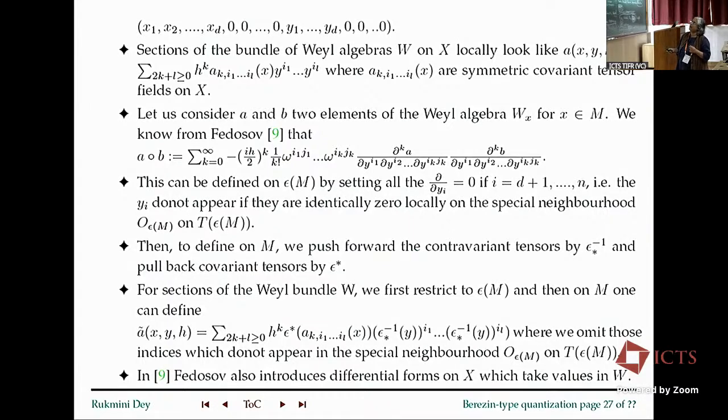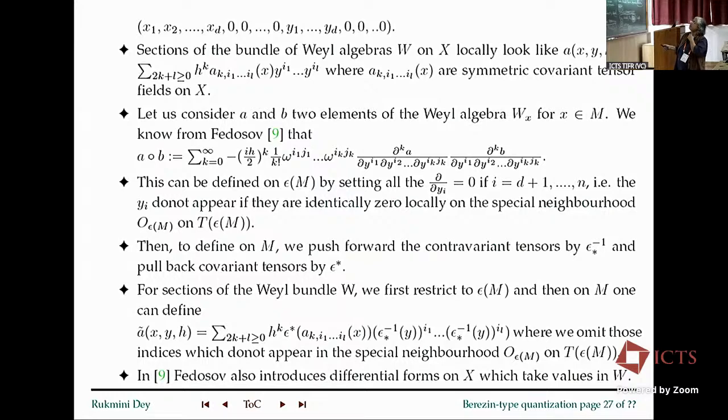Then there is a circle product you can define. This is somewhat like the Moyal-Weyl product. You may be recognizing this. So A circle B is this. And this can be defined on epsilon m by setting all the del del yi's to be 0 for i from d plus 1 to 2n.